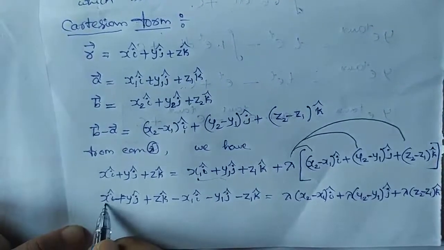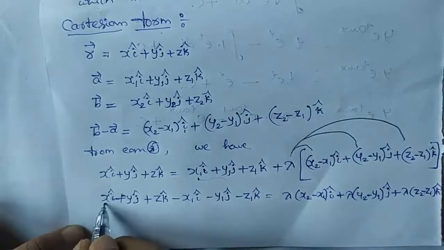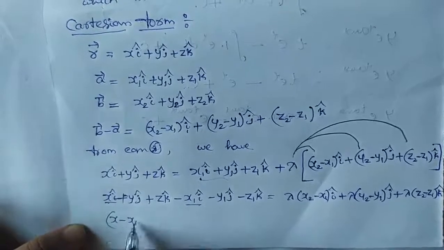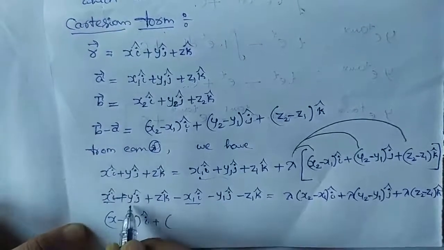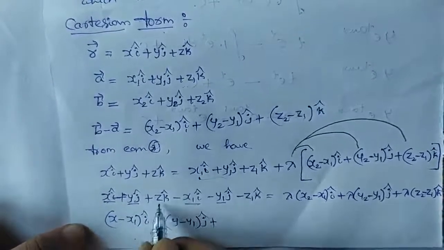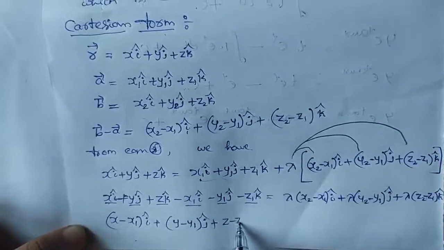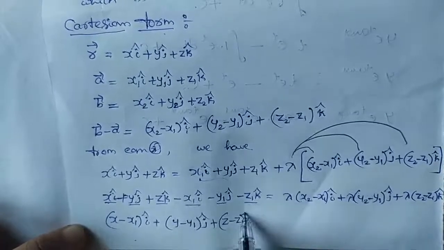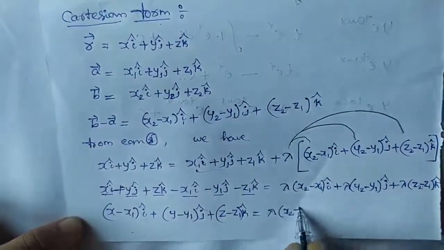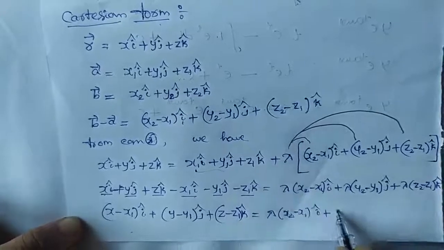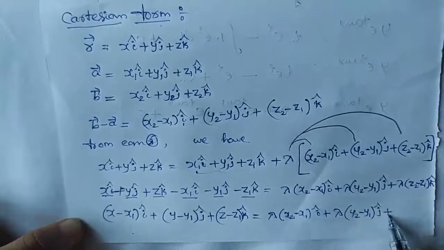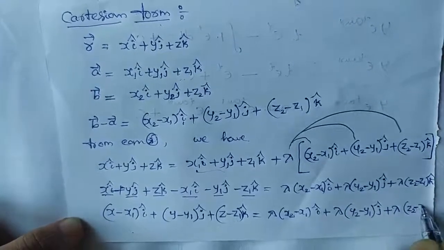Now separate the i, j, k components. Taking i common, x minus x1 i plus y minus y1 j plus z minus z1 k equals lambda into x2 minus x1 i plus lambda into y2 minus y1 j plus lambda into z2 minus z1 k.